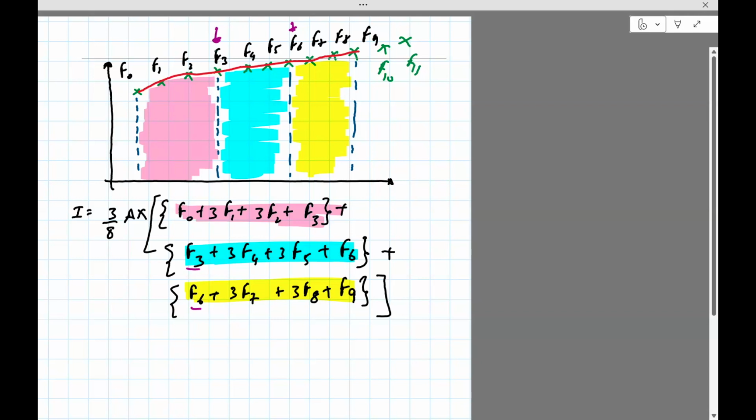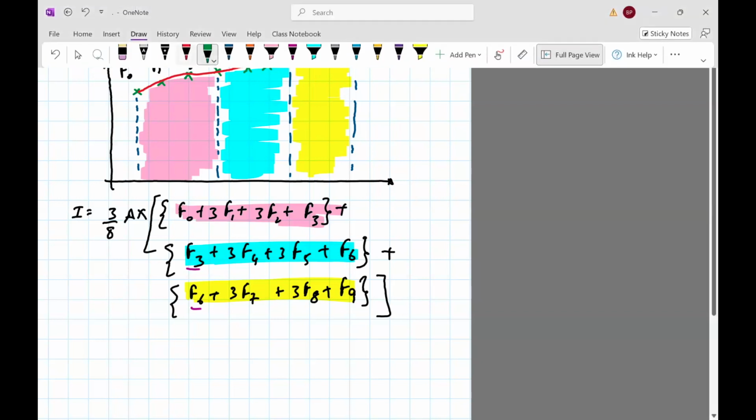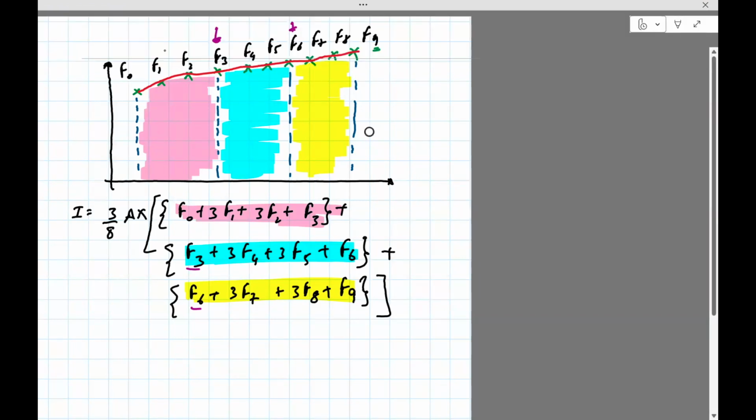I need to put a fourth one, f12, and now I can connect it, right? So this method actually only works when n, where n is this number, is a multiple of 3. My bad. So n should always be a multiple of 3.